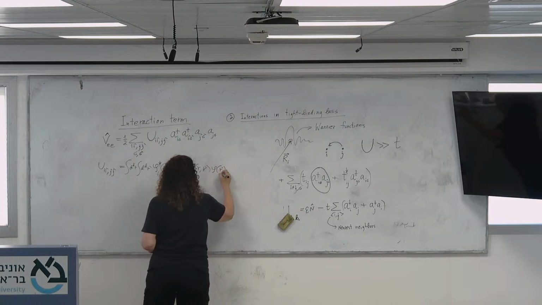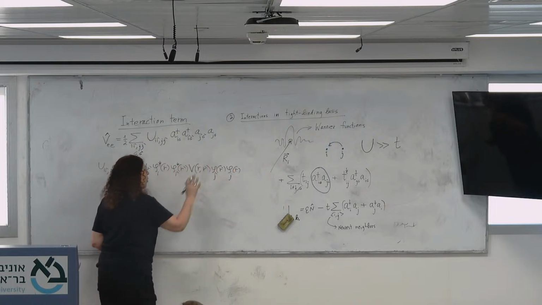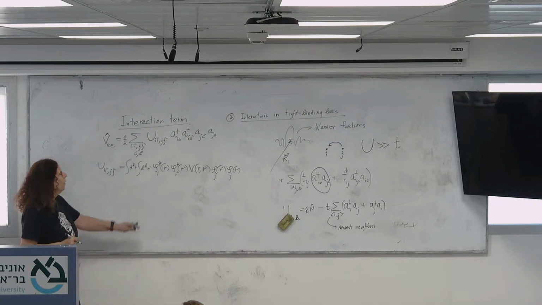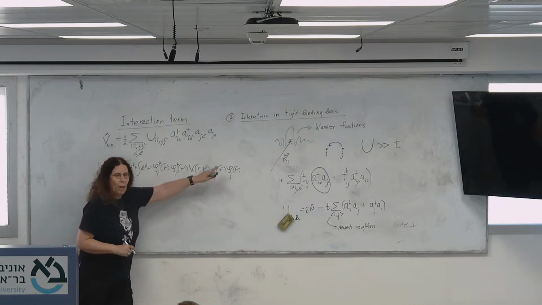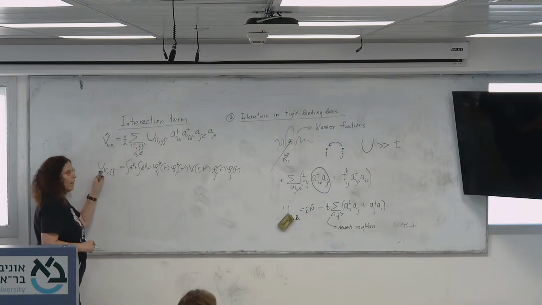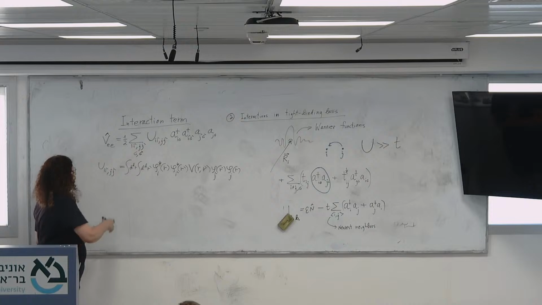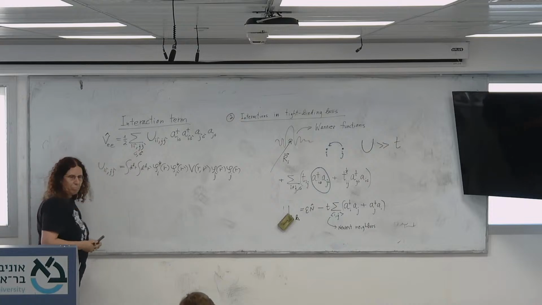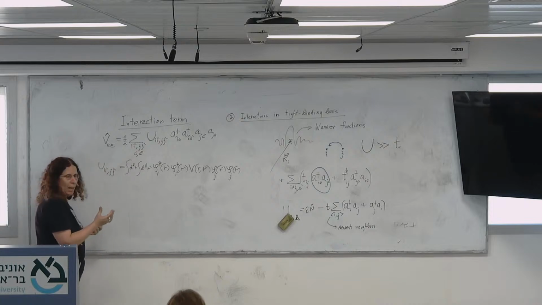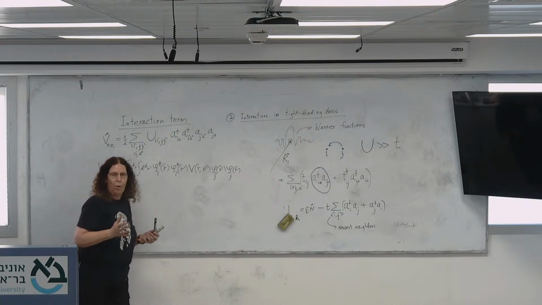And here I have j prime and j of r. Okay? And these are all vectors. Never mind. This is an integral you have to solve to find the matrix elements U i i prime, j j prime, and in principle there can be some result for any choice of the four indices.